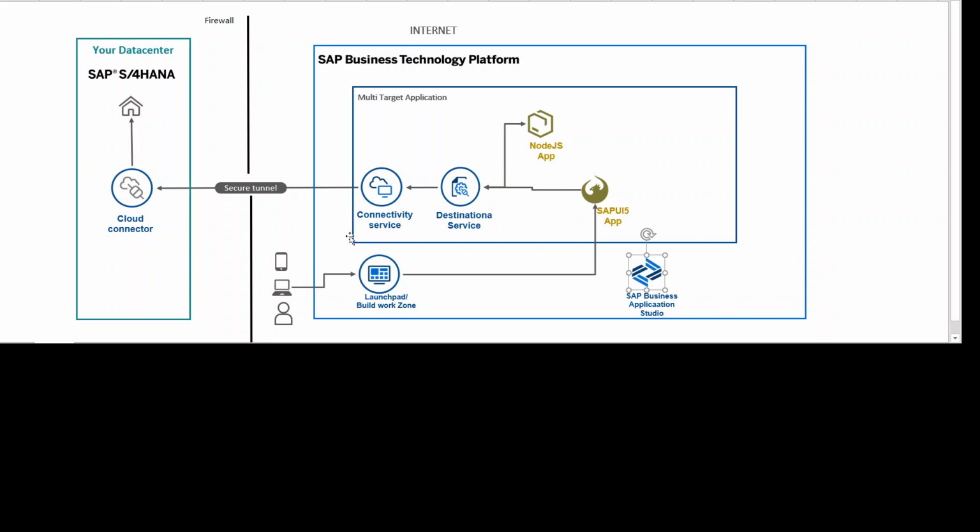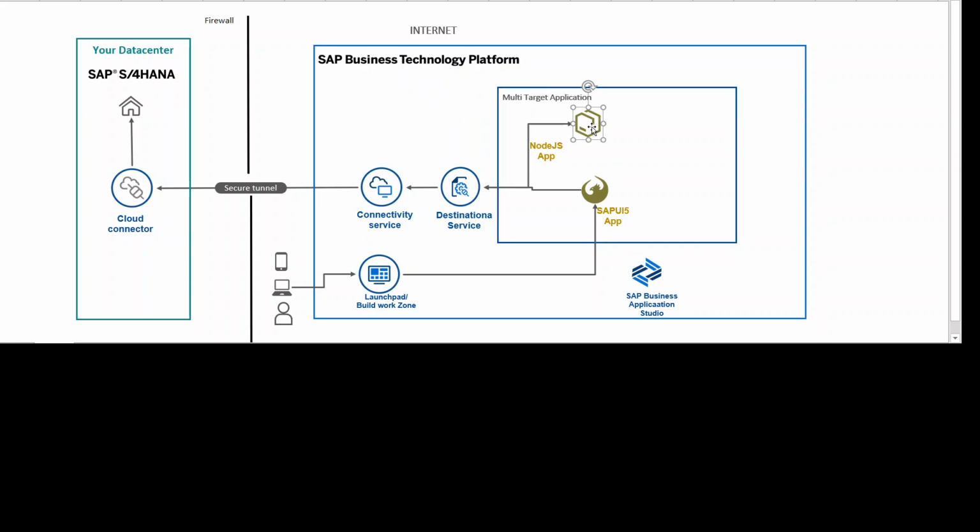Now, connectivity as a service is used in a multi-target application, but connectivity or the cloud connectors are available at the account level also. They are not just within the multi-target applications that we have.